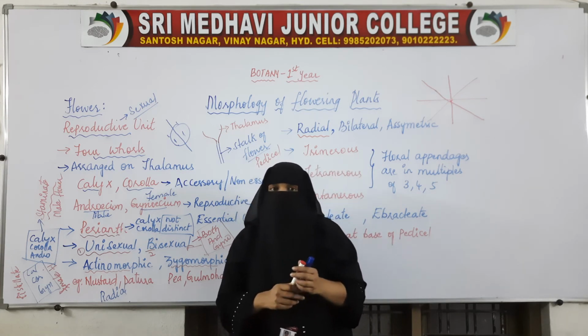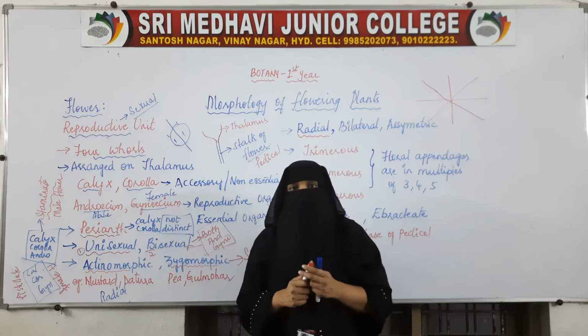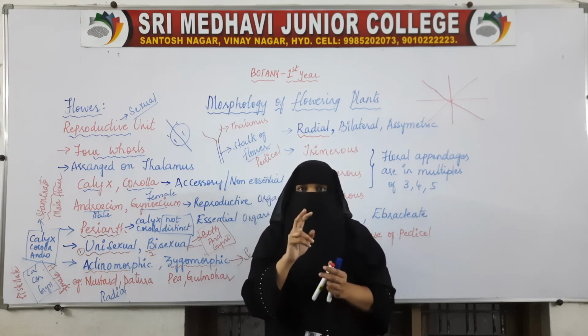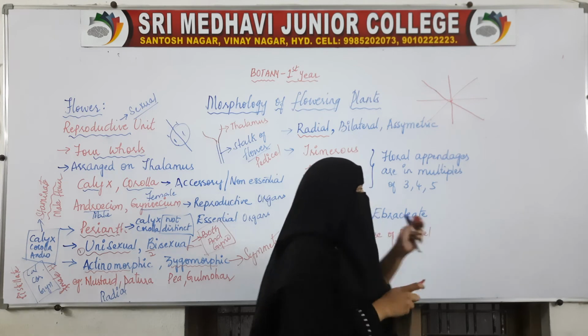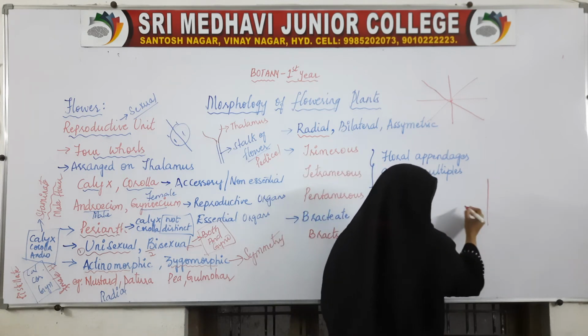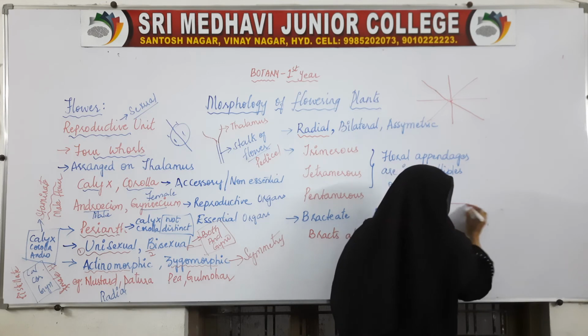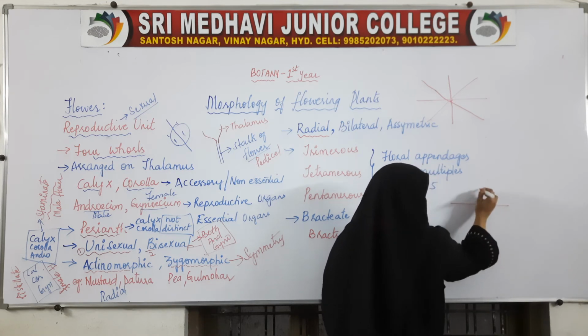And if a flower can be divided into two equal parts in only one plane, it can be like this, 1, 2 equal parts.